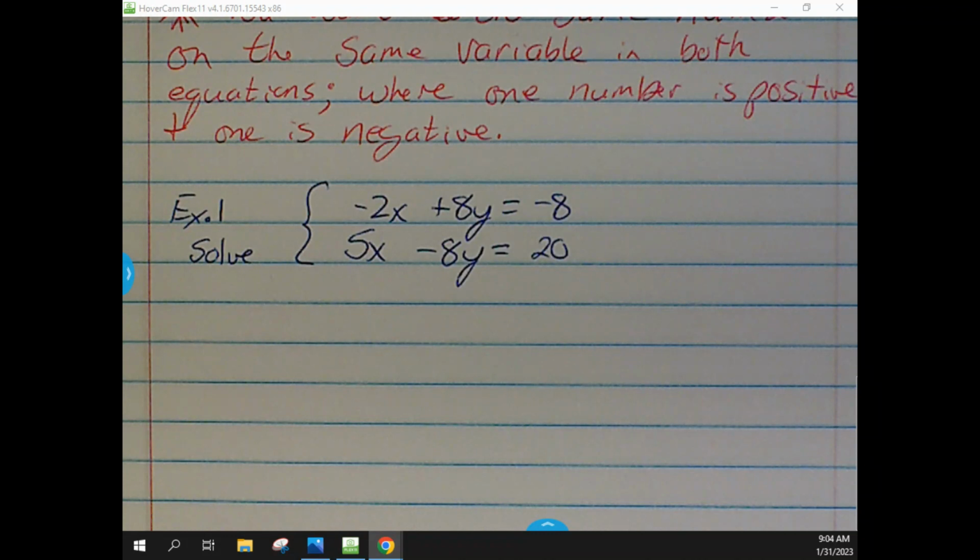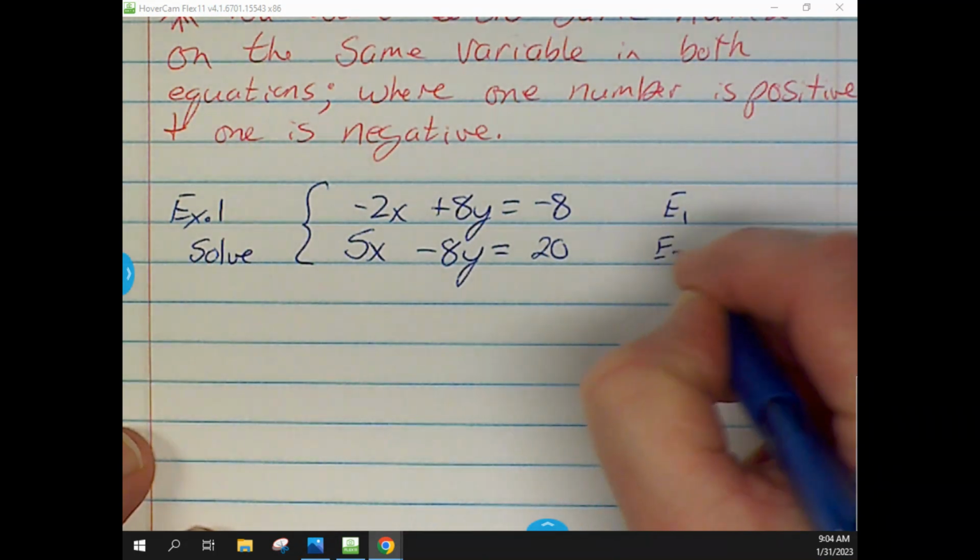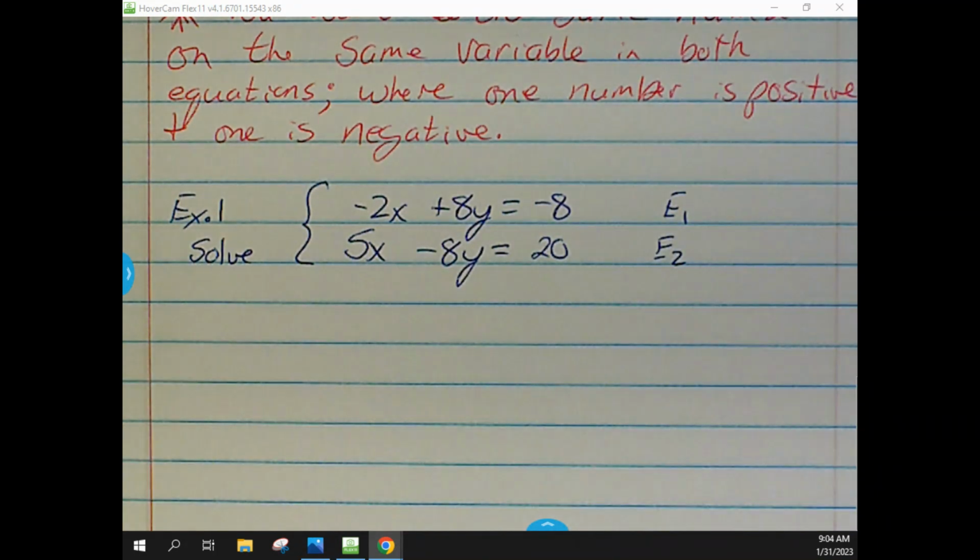It's not as big a deal now, but when we get three variables and three equations, it's a little bit more important. But for just right now, out beside it on the end here, I'm going to just put E1 and E2, equation one, equation two. It's not a big deal now, but when we do three equations, three variables, it will be more of a big deal.